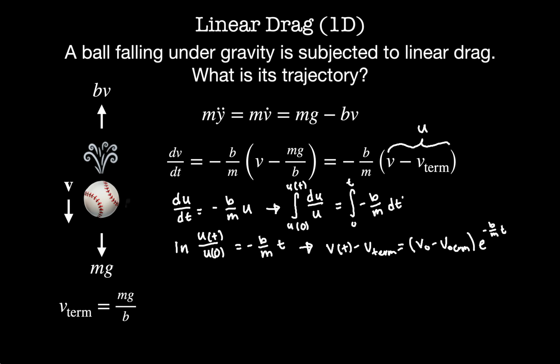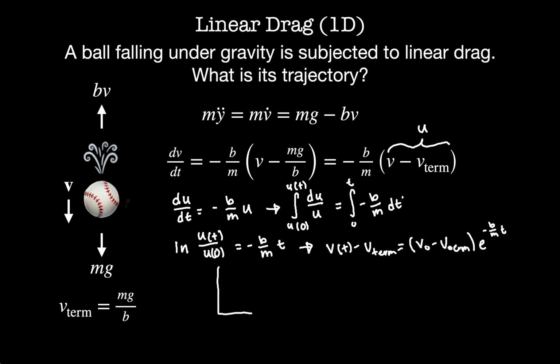And I can integrate this once more if I cared about the actual trajectory. But briefly, we can just sketch what this thing looks like. So we have a component here. This is exponential decay, and then this is just a constant. So I have exponential decay that starts at this speed here and ends at my terminal velocity.